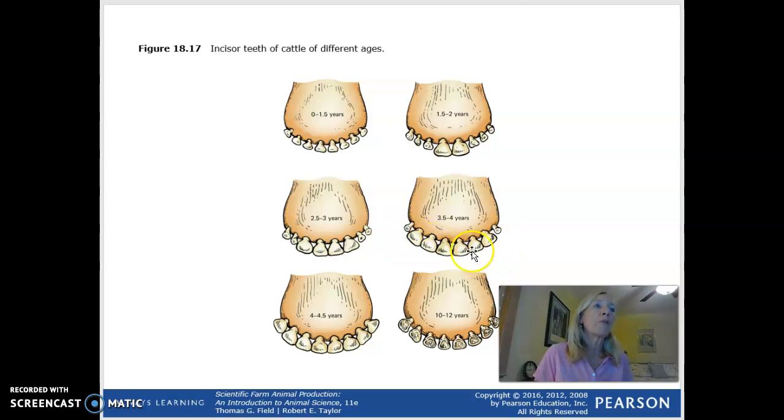This one would be a 3-year-old. And then this is a full mouth, which is about 4. And then as the animal gets older, the teeth actually change shape. They become more triangular just from the constant grinding and grazing on hard grass, or if it's sandy, it grinds down their teeth. So anyway, that's how we age animals, by looking at their teeth.